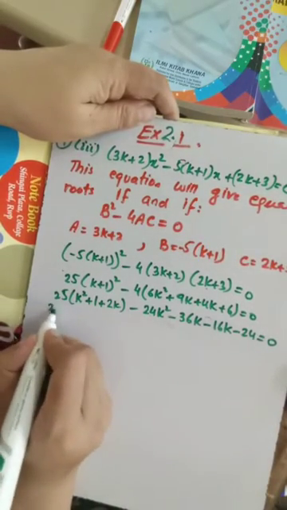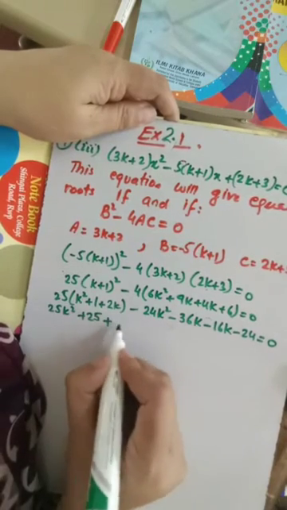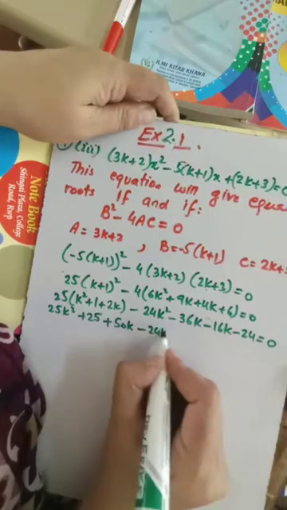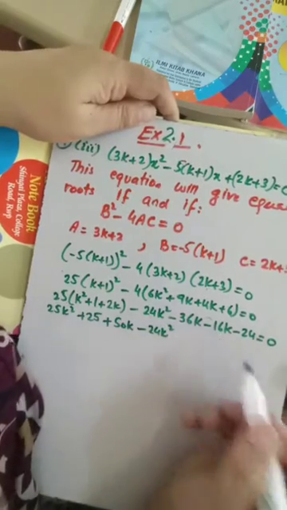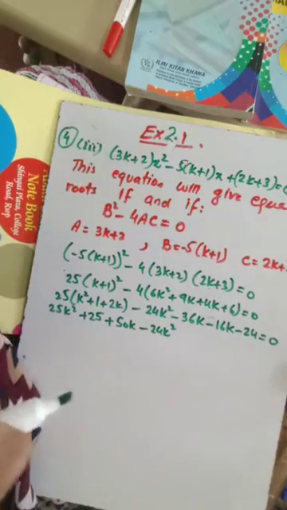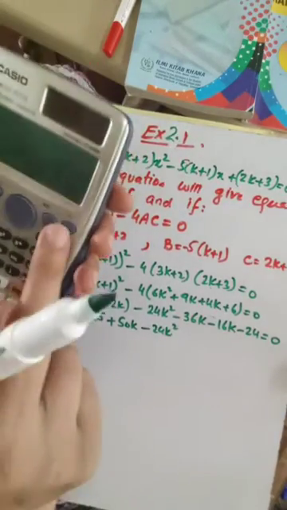Now over here I will get 25k square plus 25 plus 50k minus 24k square. Negative 36 minus 16 will be equal to, I think, 52. Let me check it.